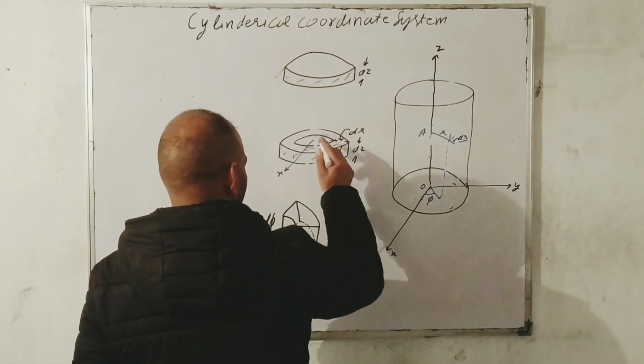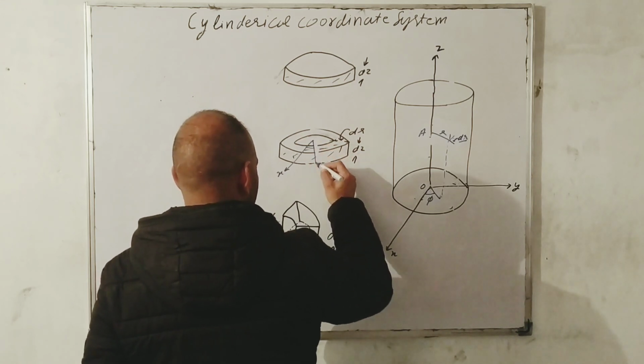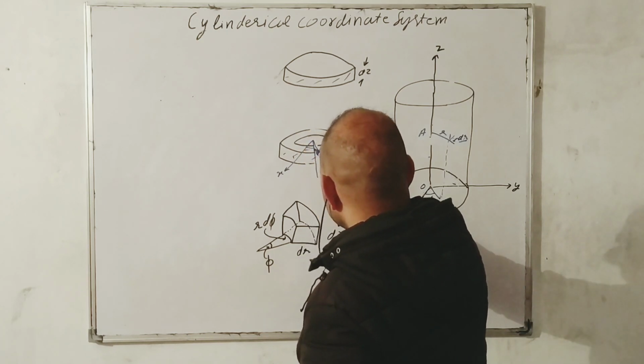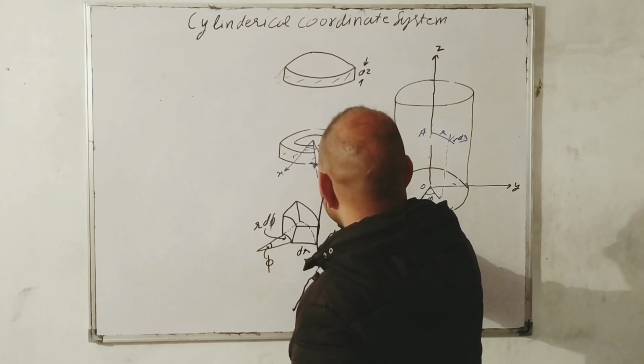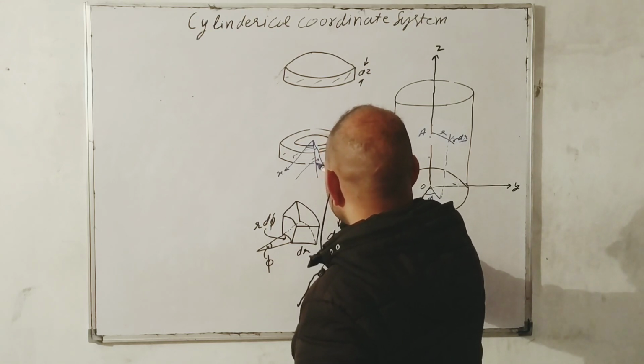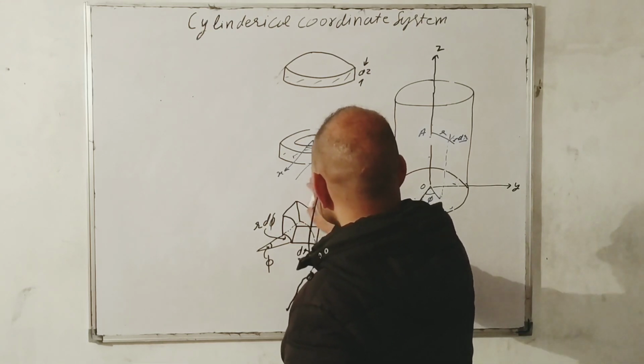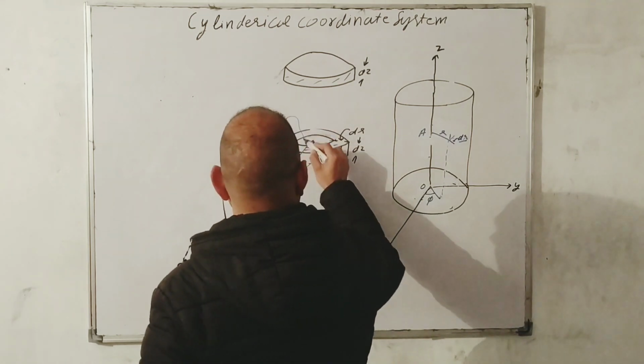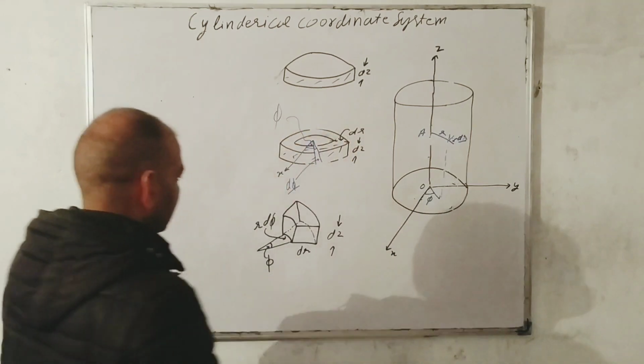Suppose initially it was here, then we make a small change along this direction. So this angle is d phi. This is d phi, and this is phi.